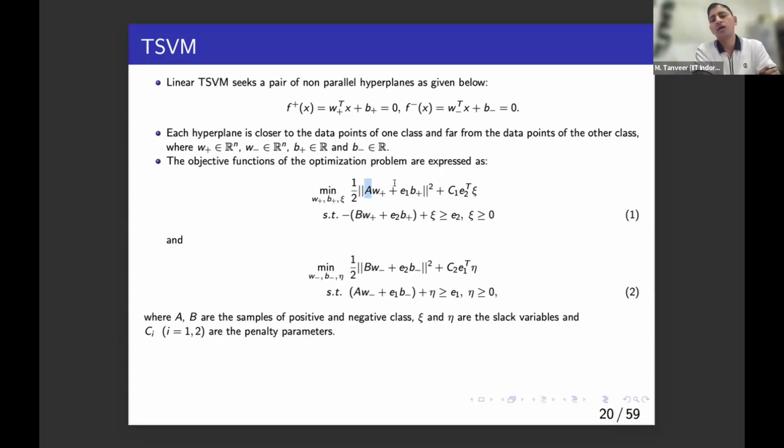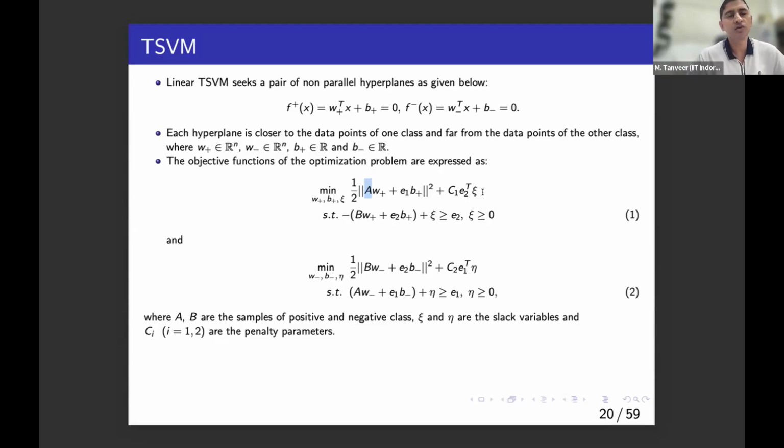So the complexity of twin support vector machine is better due to solving smaller size quadratic programming problems. If we look at its running time or complexity, for example, if the number of samples is m, right?